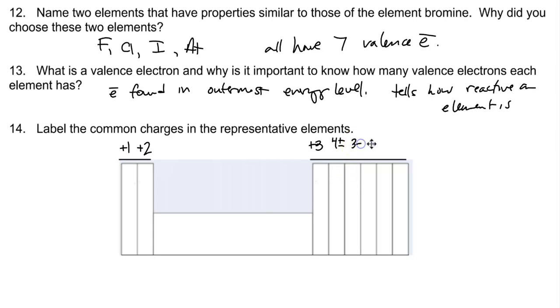These tend to be 3 minus, 2 minus, 1 minus for group 17, and then group 18, the noble gases, have no charges. Notice the ones in the middle, they're not included. Most of them are going to have a charge of 2 plus, sometimes 1 plus, sometimes other numbers. They have various charges, but these tend to be fairly representative.